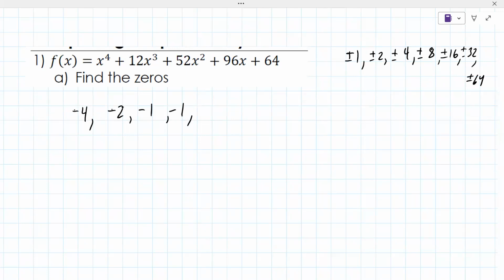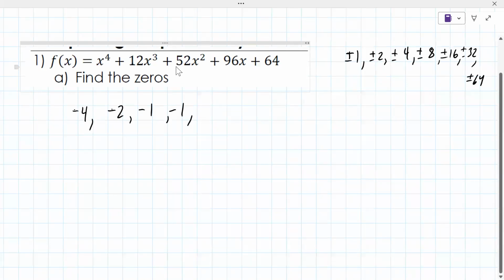Okay, anything else? I mean, that's only two. There's four total roots.